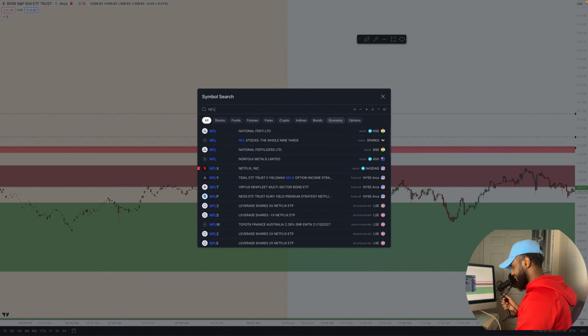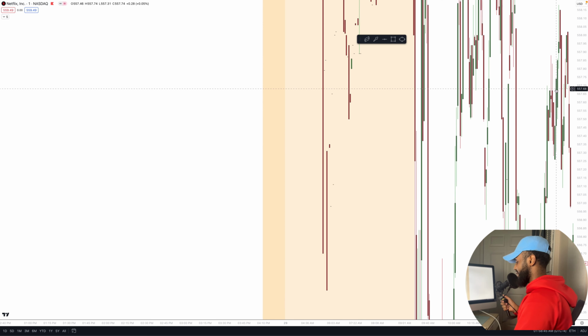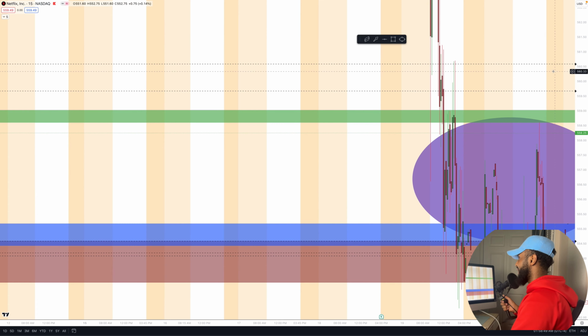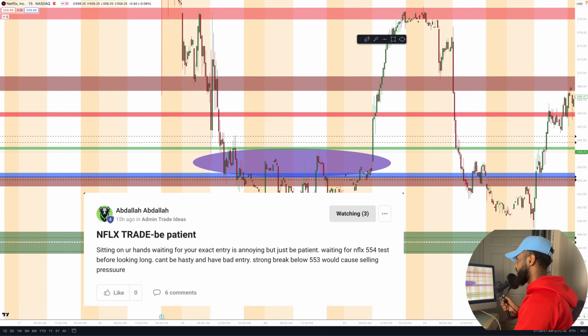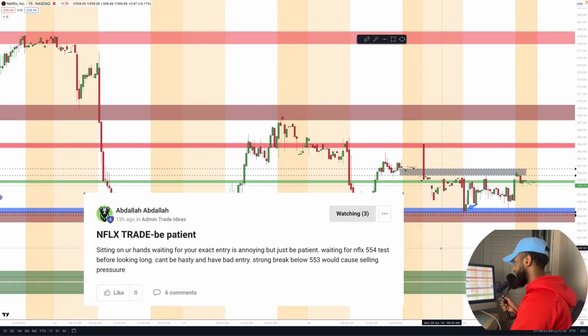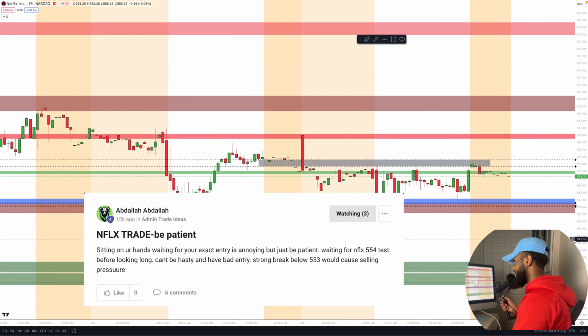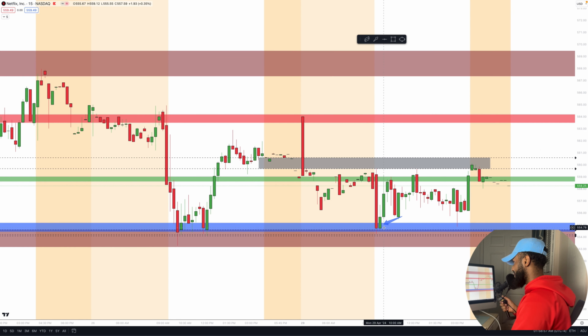Now on to the second trade. This one was on Netflix. So I sent an alert out to the group that we are watching our 554 level on Netflix today, and that is this zone right about here. So about 555, 554 zone.